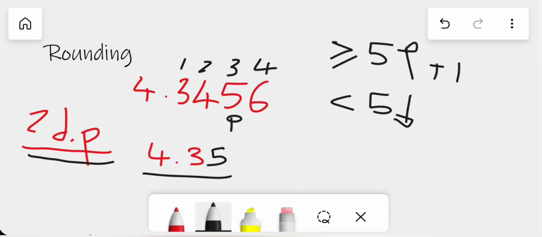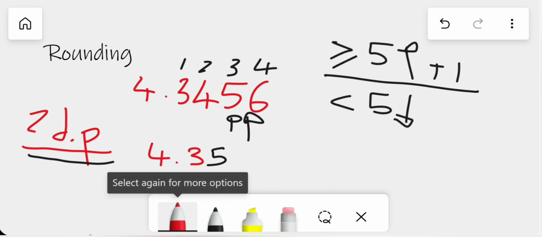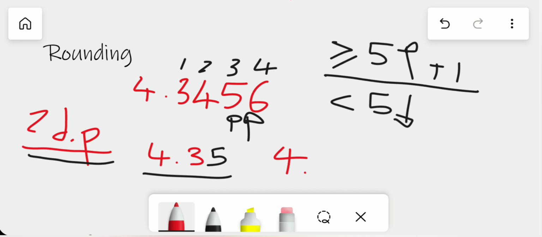Then we check the indicator now, which is the next number, the 6. Since that is greater than or equal to 5, we would round up the 5, which is what we're interested in. Hence, the number will now be 4.34, and the 5 will now change to 6.